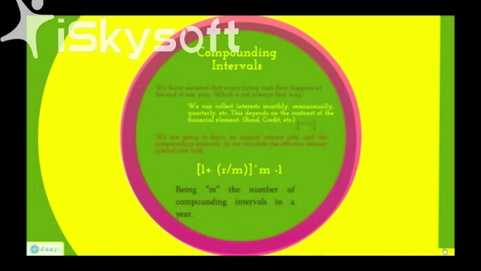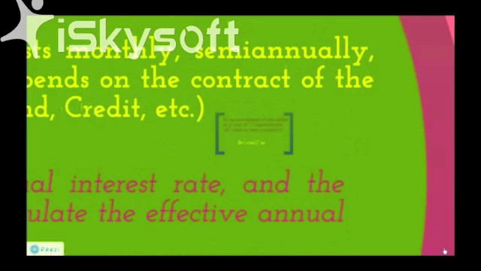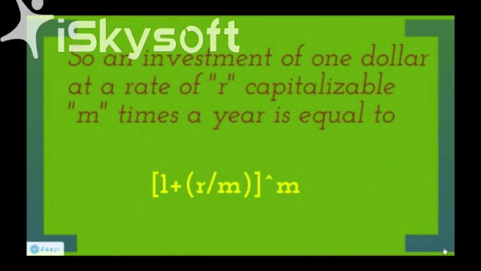Compounding intervals. We have assumed that every future cash flow happens at the end of 1 year, which is not always the case. We can collect interest monthly, semi-annually, quarterly, etc. This depends on the contract of the financial instrument, bond, credit, etc. So, an investment of $1 at a rate of r, compounded m times a year, is equal to (1 plus r divided by m) to the power of m.